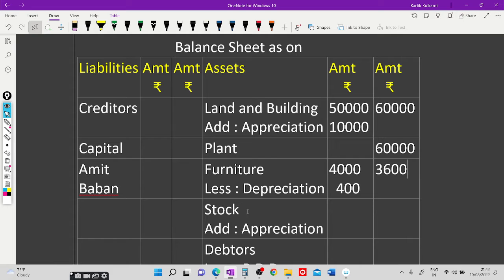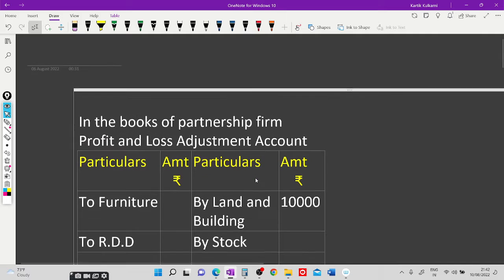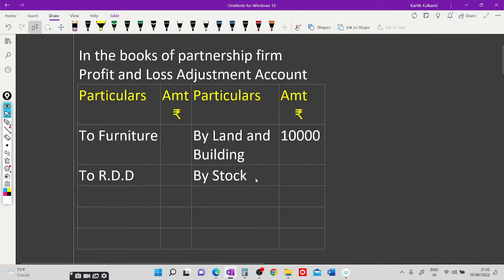To reduce the value of the asset, we credit asset account, and since there is a loss of 400 due to the reduction in the value of the asset, it will be debited to revaluation or profit and loss adjustment account. So the journal entry here will be profit and loss adjustment account debit to furniture account.